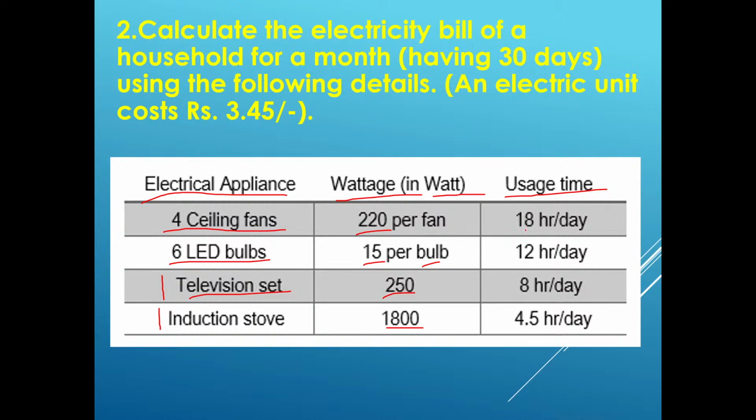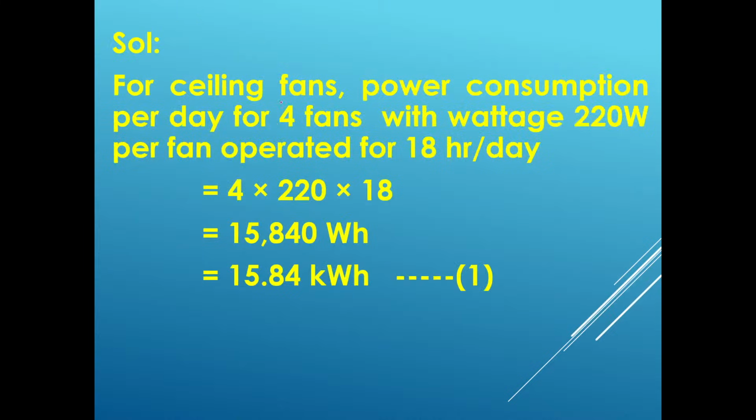Usage of each fan is 18 hours per day. LED bulb is used for 12 hours per day. Television is used for 8 hours per day and induction stove is used for 4.5 hours per day. This is the given data. Don't write because already 1 hour is crossed.